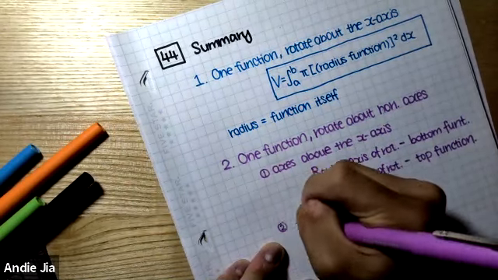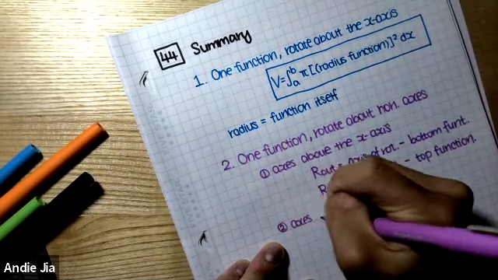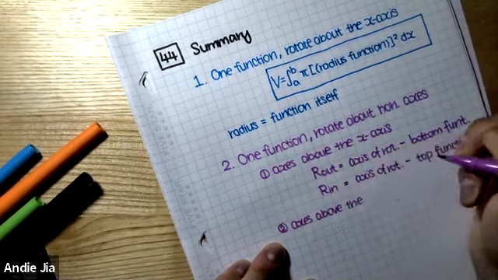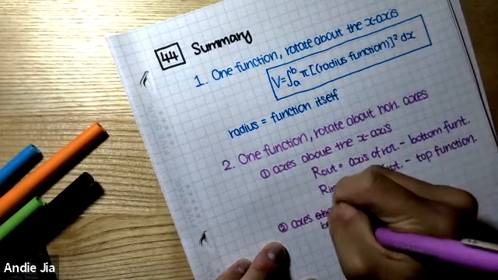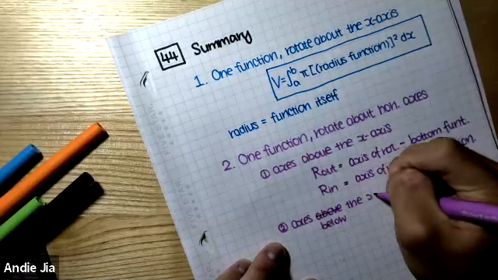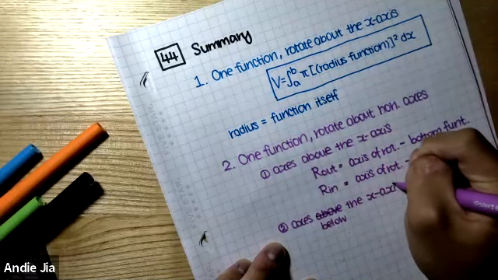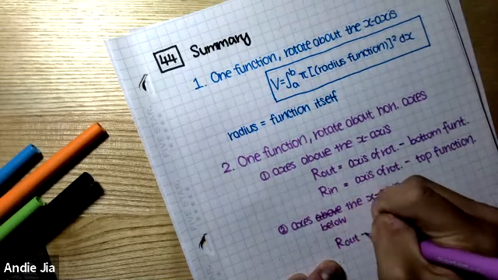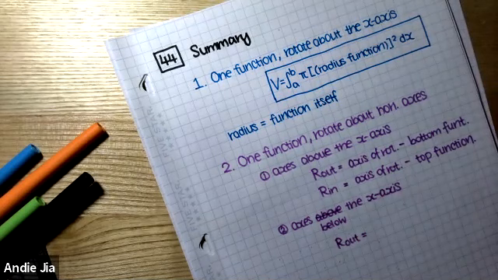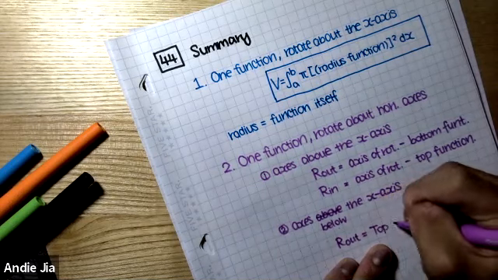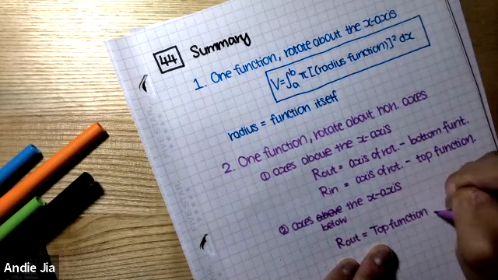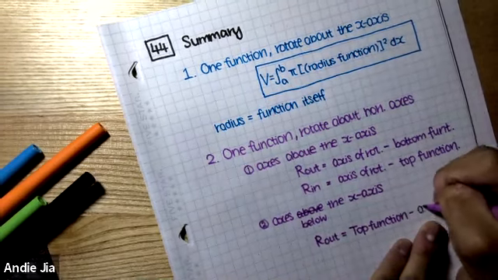And number two, if the axis of rotation is below the x-axis, the outer radius is the top function minus the axis of rotation.